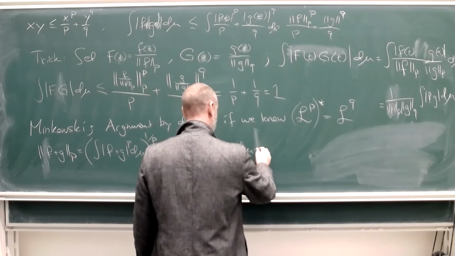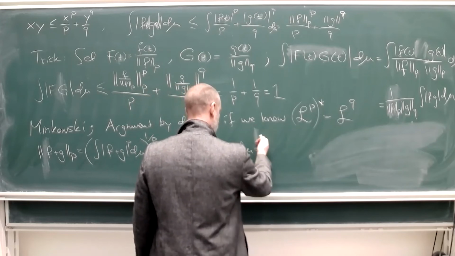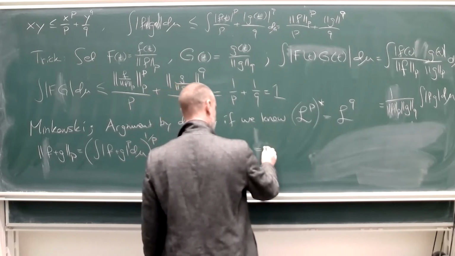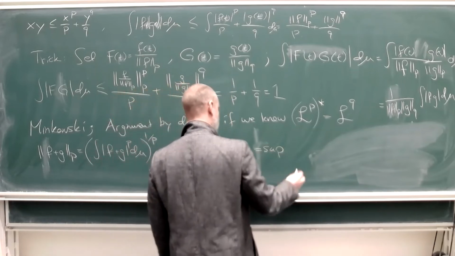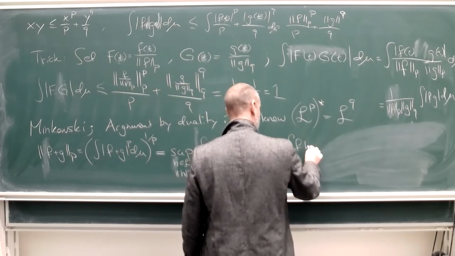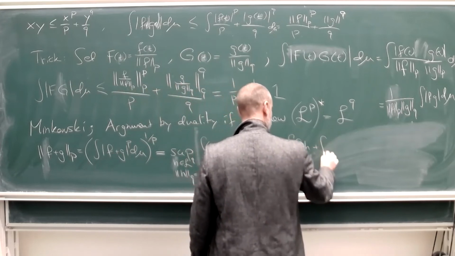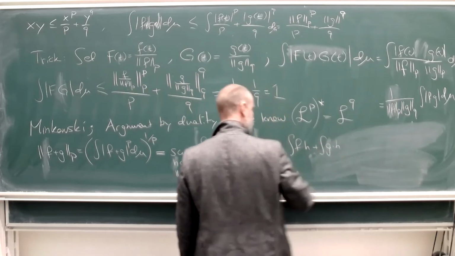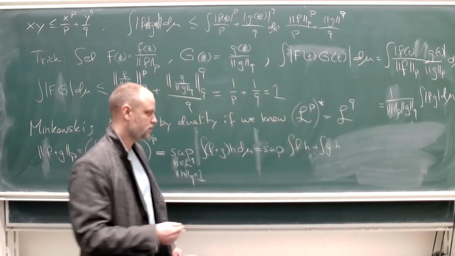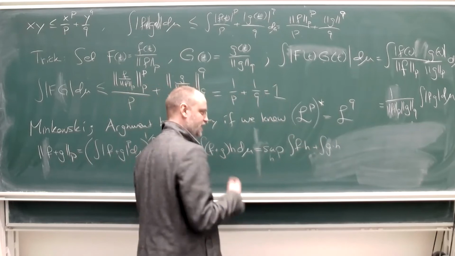So this is equal to the same supremum. I'm not writing out the same stuff one more time. But I get integral f times h plus integral g times h. So it's the same h for both of the integrals, and here's the supremum over all h's.